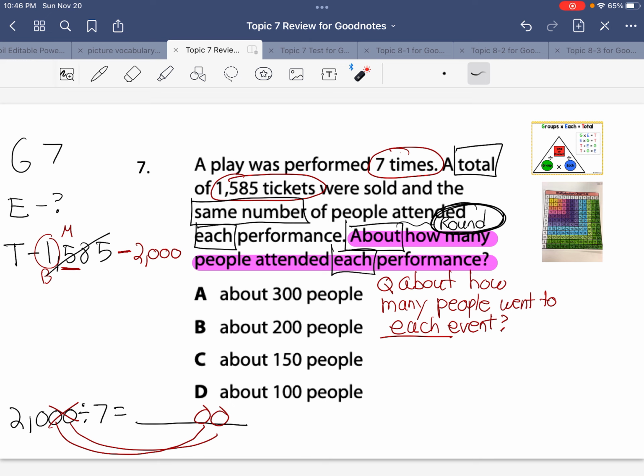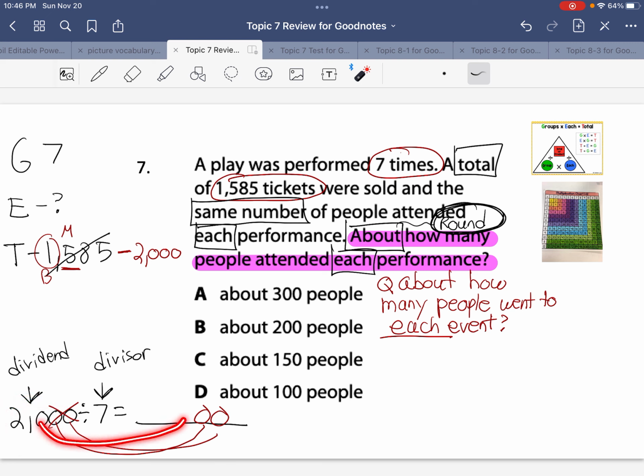The reason why I'm not going to move this egg over here with the rest of them is because this number is my dividend, and this number is my divisor. My dividend can never be smaller than my divisor. My dividend always has to be bigger than my divisor.